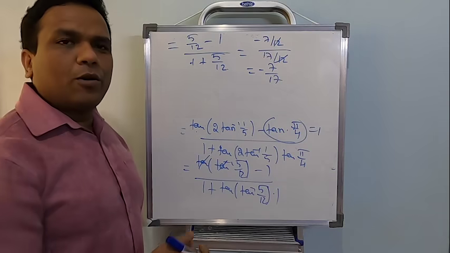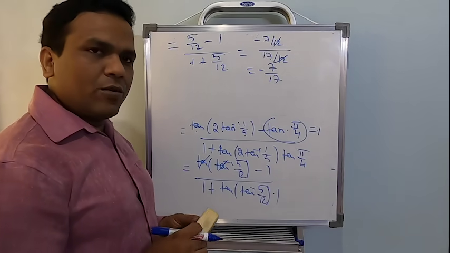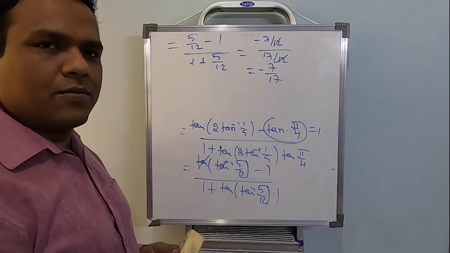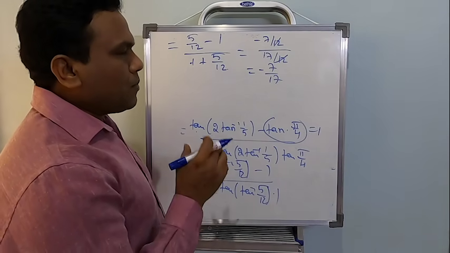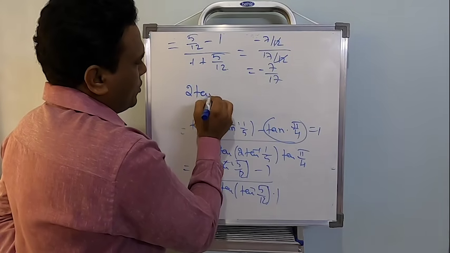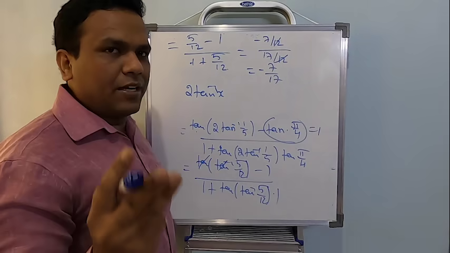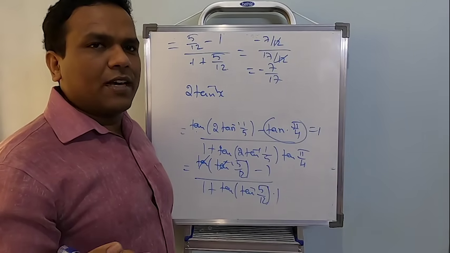This one particular problem is a bit different. Yesterday I didn't do this, but I explained the same problem in the first class today. Now most of today's problems are based on the 2 tan inverse x formulas. There are 3: in terms of sine inverse, in terms of cos inverse, and in terms of tan inverse.